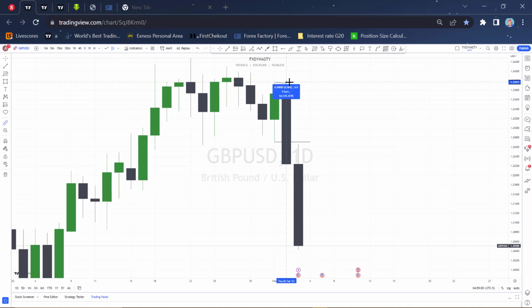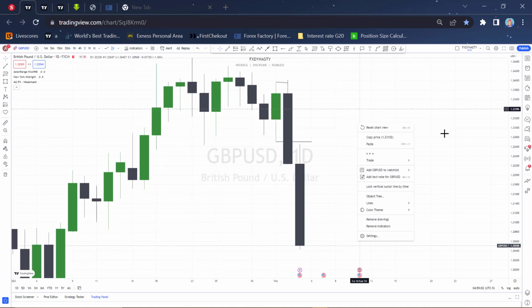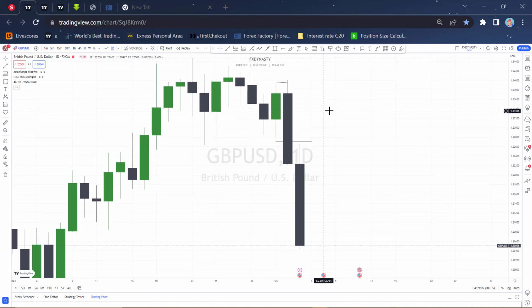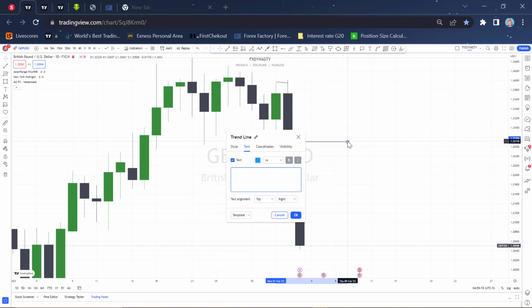So guys, let's continue. When price took out the previous day's low on Thursday, I was waiting for the Friday candle to trade up into this old low. Let me mark it out. Old low.